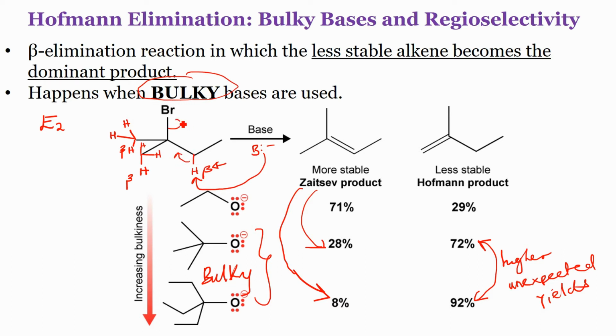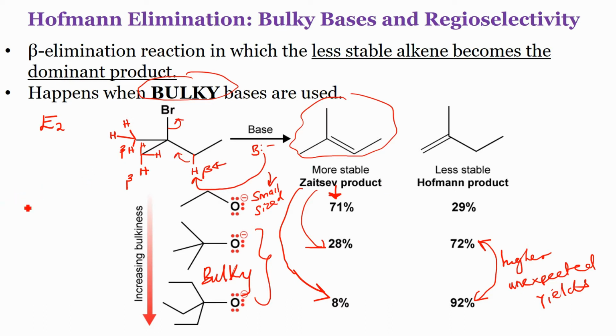And if you do that, you would get this product right here. That will easily happen if the base is small. Okay, small sized. You will get the Zaitsev product as the major, 71% according to this actual experiment.